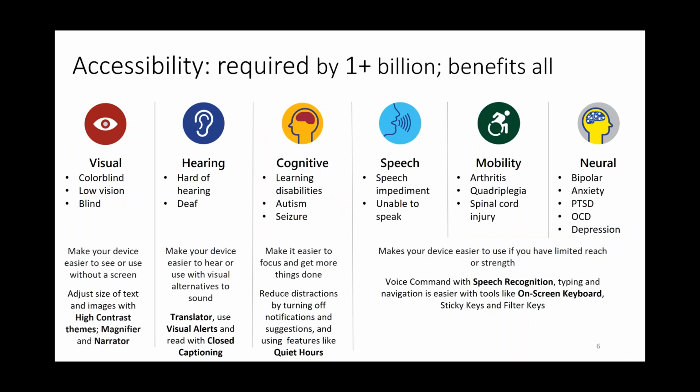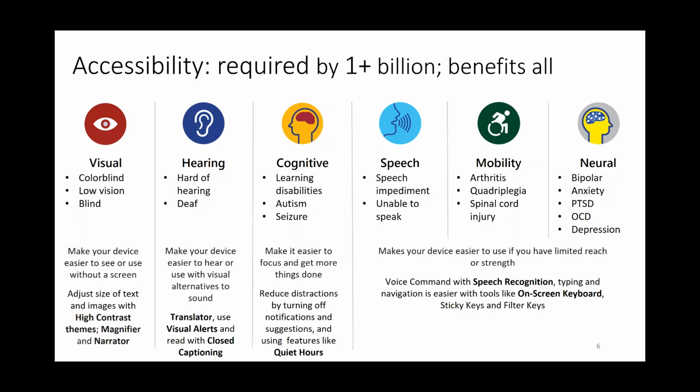Okay, so there are about 1 billion users who have some kind of accessibility needs. When you build your site to be accessible, it benefits everyone, not just those 1 billion users. Many other people can get benefits from these.